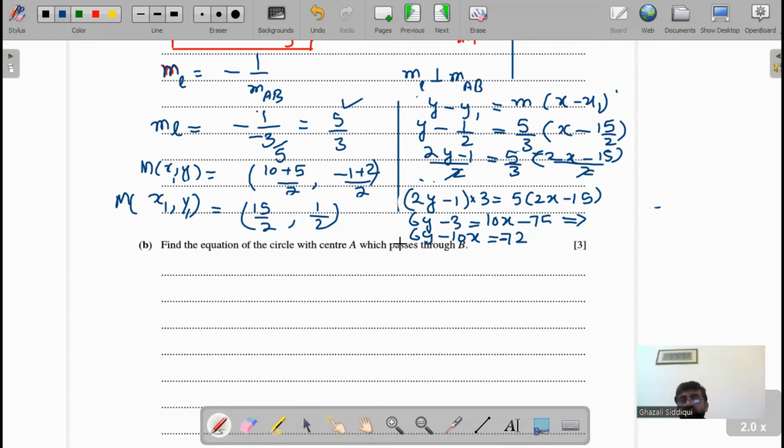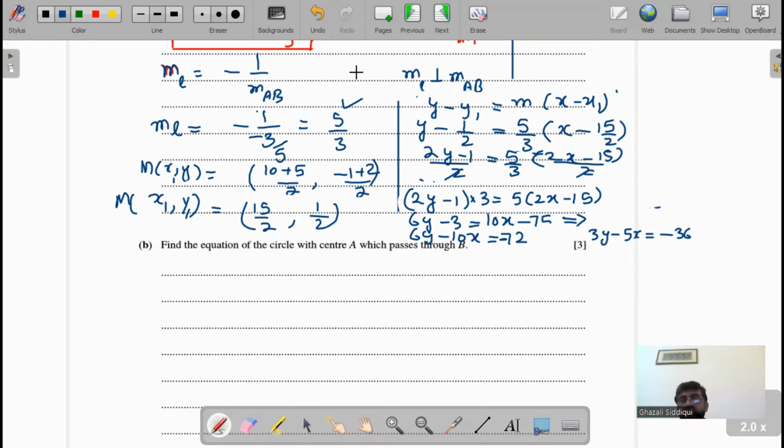Now we take 2 as a common factor, so 3y - 5x equals -36. This equation divided by 2 gives 3y - 5x = -36.